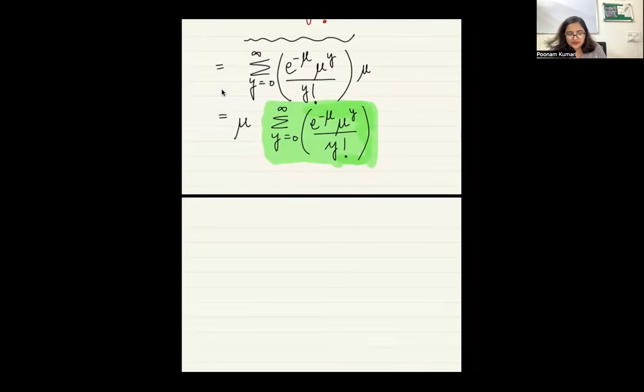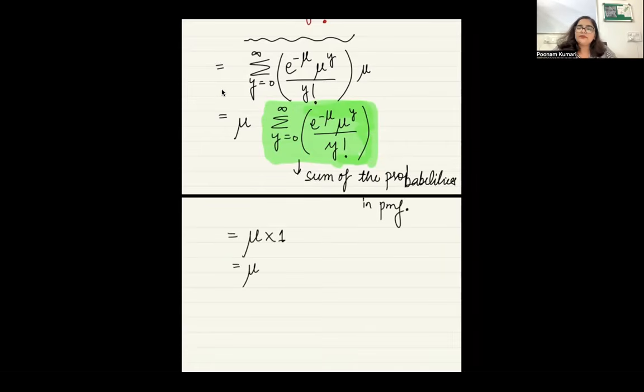This entire sum should be 1 because the sum of the probabilities in a PMF should be 1. So this entire expression is mu times 1. So this just gives me mu. And that is my expected value of x. Right? That is what we had to do. So we have proved that indeed the mean value of a Poisson distribution is mu. Right?